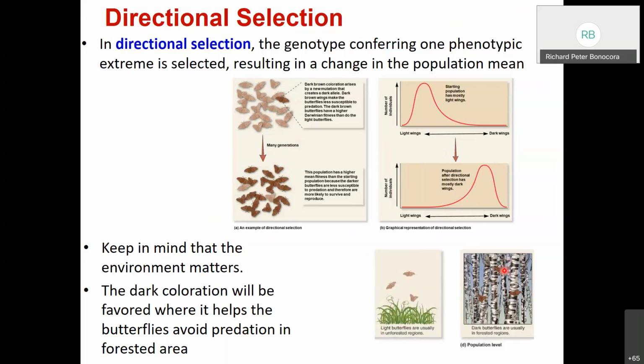Then the ones with the darker wings are not going to survive as well. They're going to be eaten by birds more often, and the population could shift back in the other direction, where butterflies with lighter wings survive better in unforested regions. So the scenario shown here goes from light to dark, but it can easily go from dark to light.